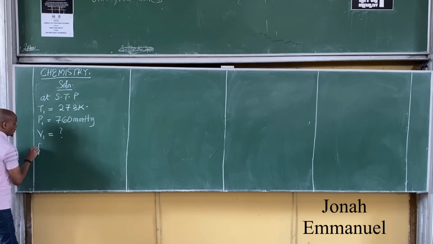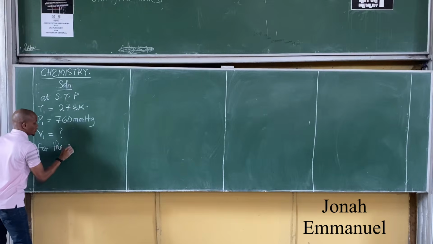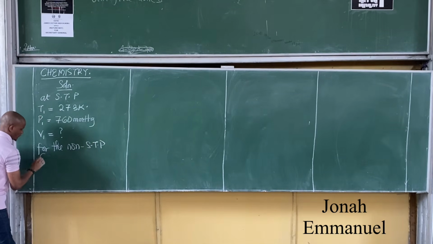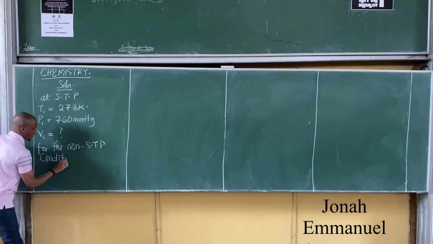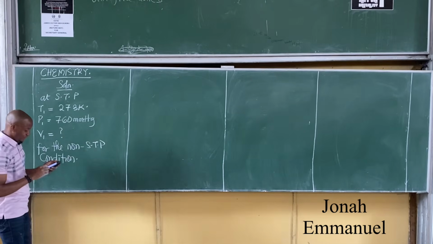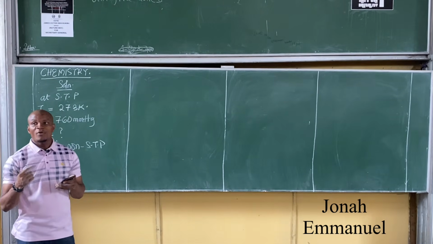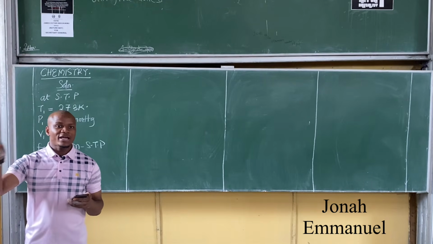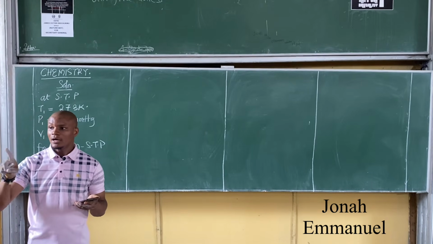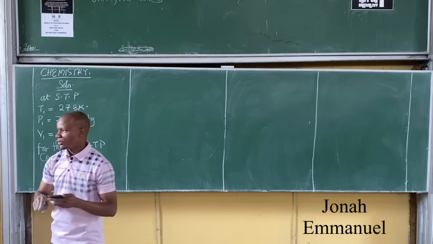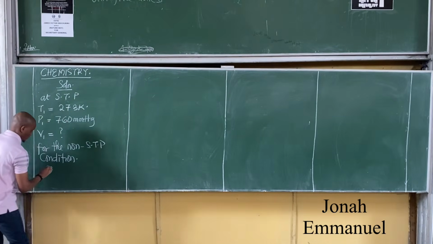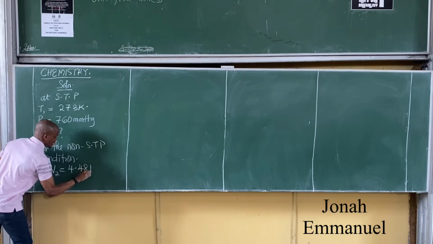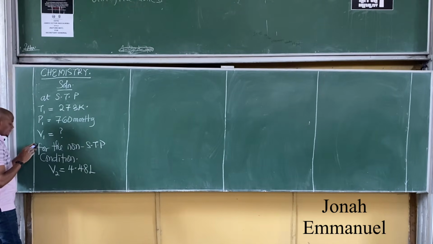Alright. So for the non STP condition, what do you get there? They gave you 4.48 liters, which represents volume. So I have V2 as 4.48 liters.